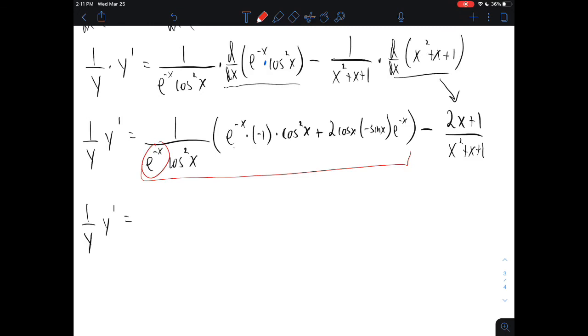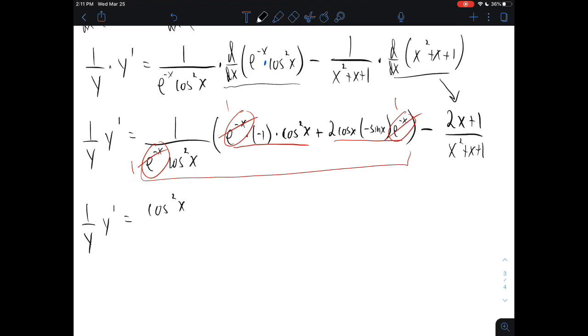And then you have two products in that sum, and they both have an e to the negative x. So I have a common factor in the numerator and denominator, which means I can divide out by it. So what's left from that whole complicated expression up there turns into cosine squared x.